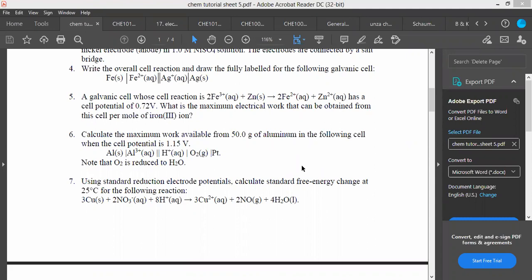No. You are calculating the number of moles of electrons transferred after you have found, when you divide 50 by 26.98, the number of moles of aluminium that you have available. Now you want to find how many moles of electrons will that number of moles produce. And you already have there that from the equation you've written, 1 mole of aluminium produces 3 electrons.